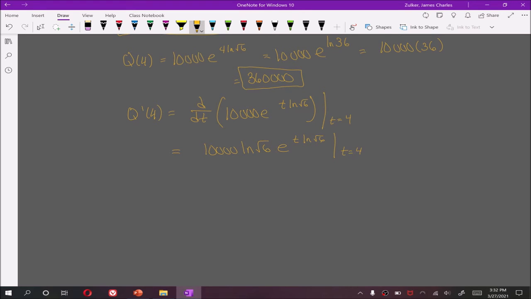Right, which is 10,000 log root 6 e to the 4 log root 6. Now 10,000 e to the 4 log root 6 was 360,000. So that's now times log of root 6.